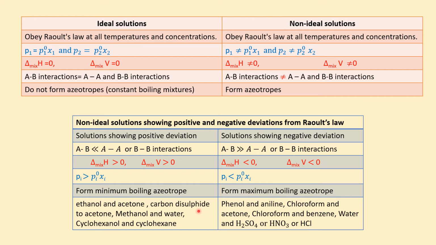Examples of positive deviation solutions are ethanol and acetone, carbon disulfide and acetone, methanol and water, cyclohexanol and cyclohexane. The examples of negative deviation solutions are phenol and aniline, chloroform and acetone, chloroform and benzene, water and H2SO4 or HNO3 or HCl. Please summarize and remember.